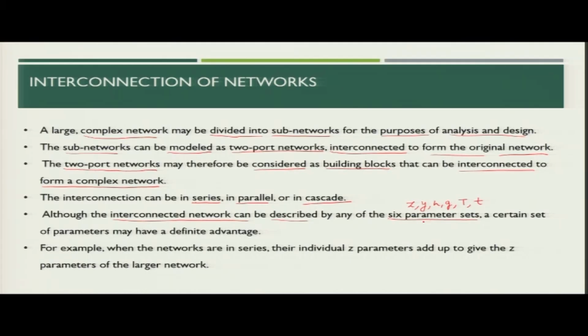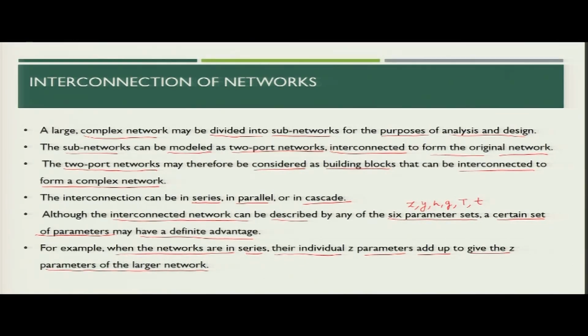Now, we can describe any interconnected network with the help of these 6 parameter sets, but there are certain sets of parameters which may have a definite advantage. How? Let us take an example. Suppose the sub networks we have created are in series. Then their individual Z parameters add up to give the Z parameters of the large network.